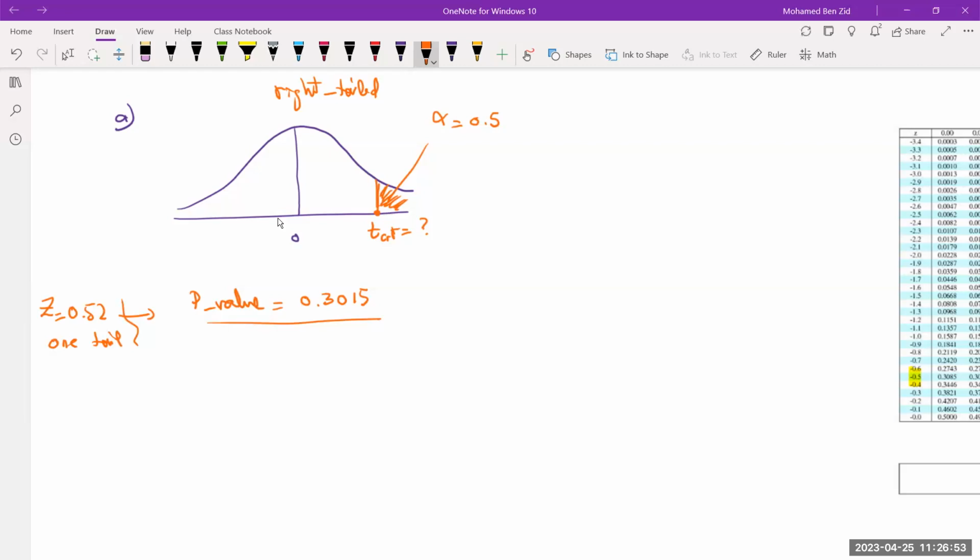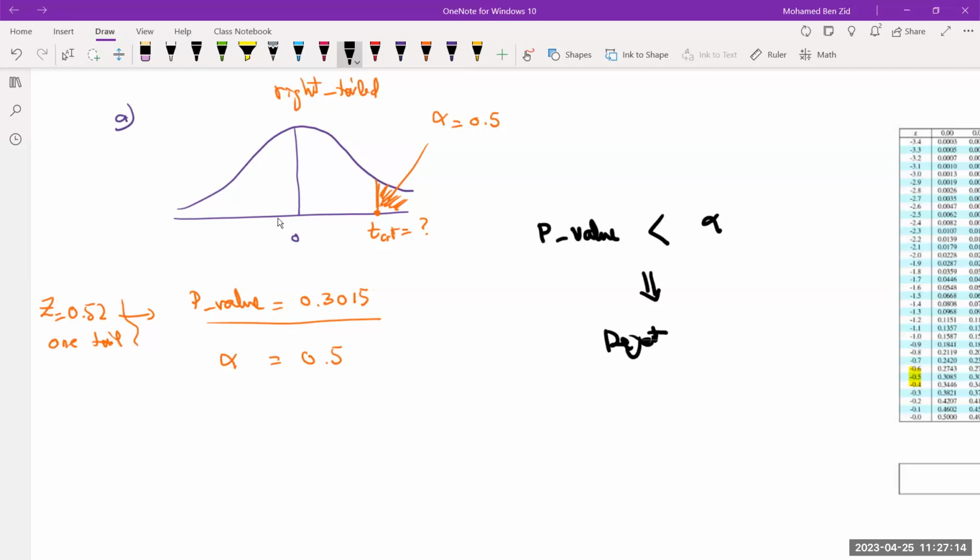Now, you have the alpha, it's going to be 0.05. And your formula is always: p-value less than alpha implies reject H0.